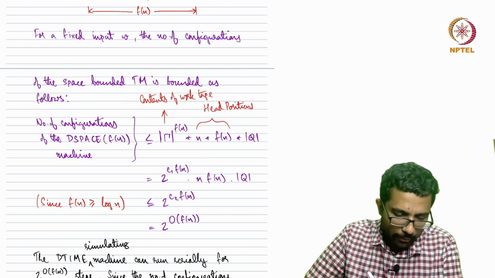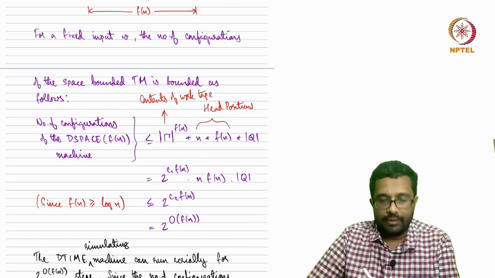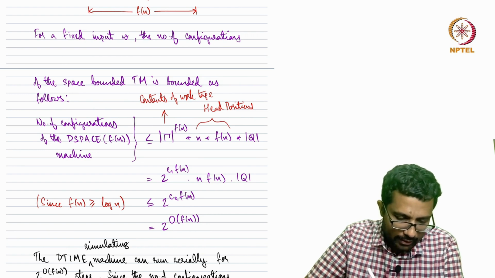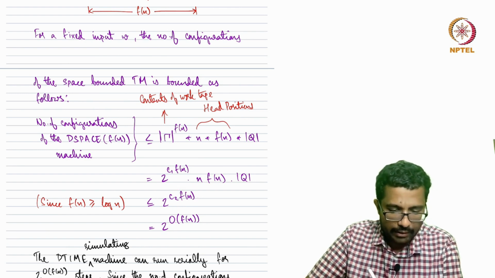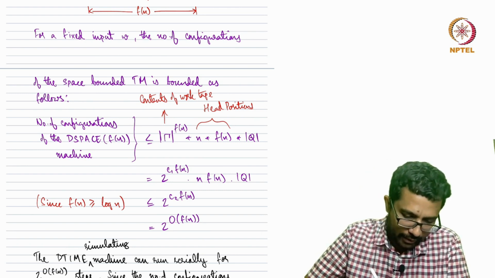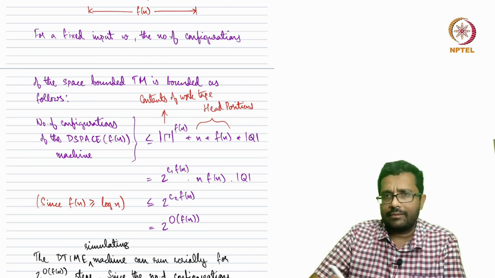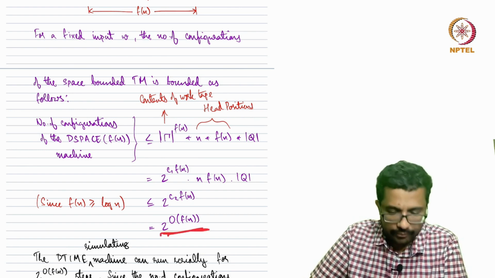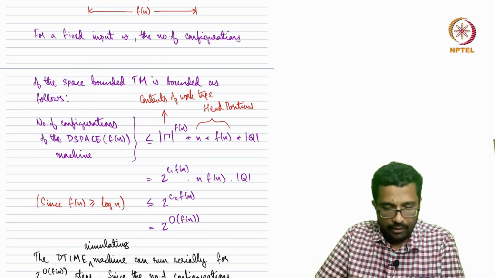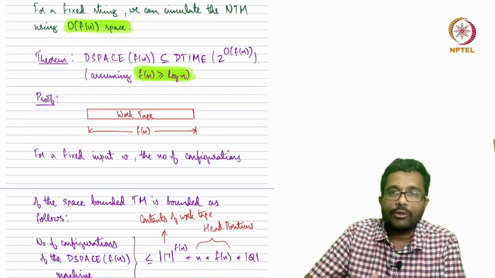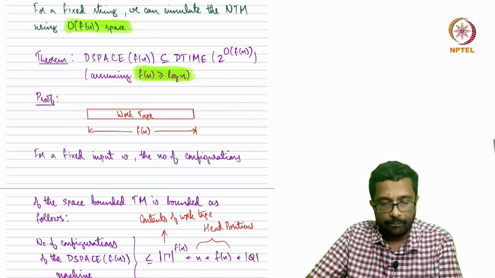So it is going to be dominated by 2 power f(n), right? So we can easily absorb all this into the exponent term and replace it with 2 power c2 f(n). It's just another constant, so we can say 2 power O(f(n)). So now the number of configurations of the space bounded Turing machine is 2 power O(f(n)).